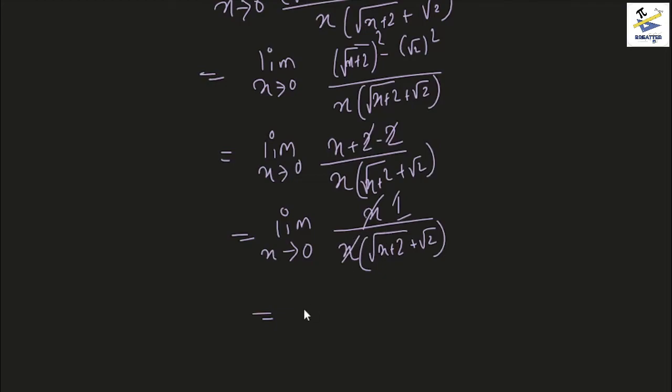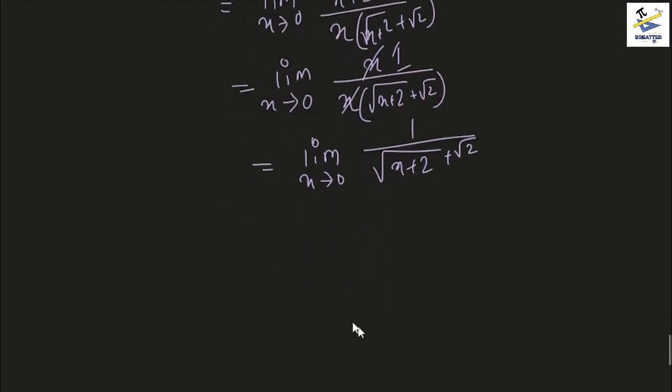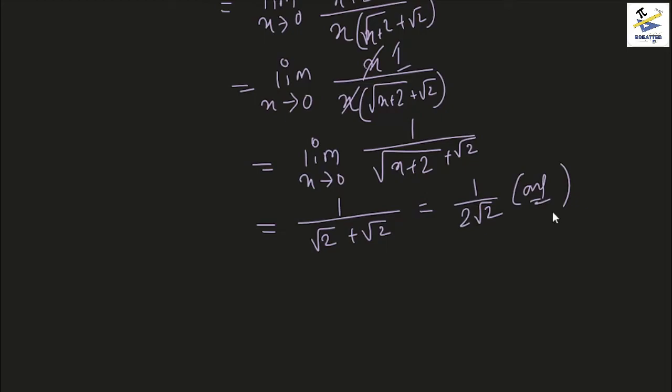It's a valid operation, and thus we have the limit as x tends to 0 of 1 divided by (root over x plus 2 plus root 2). When I put the value, this gives root 2 plus root 2, which is 1 by 2 root 2, which is the answer to our question.